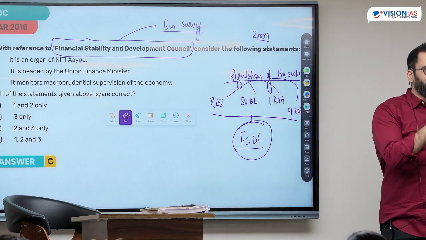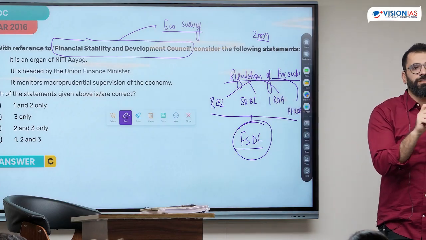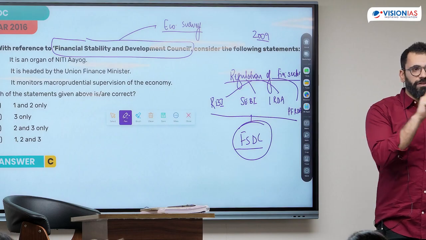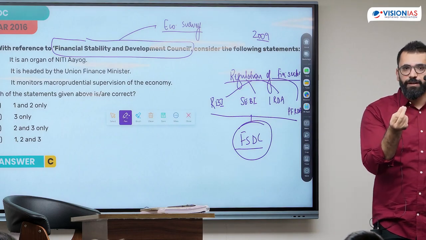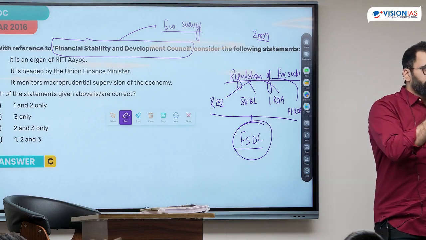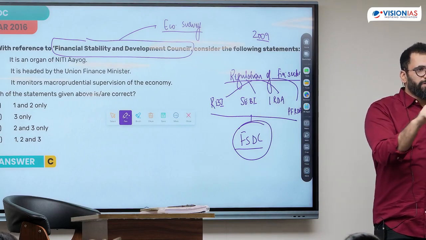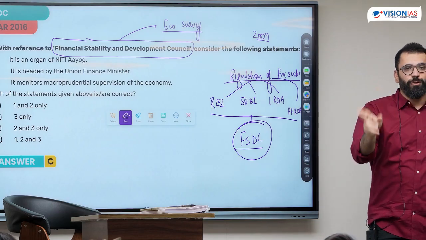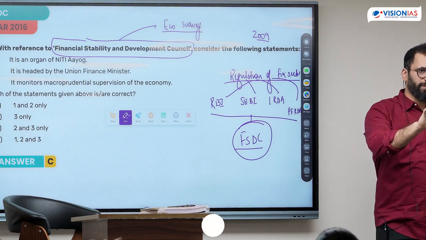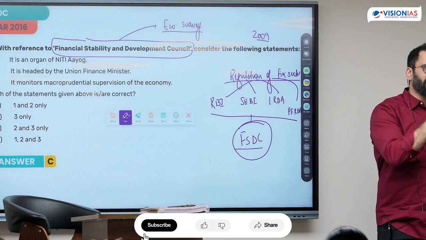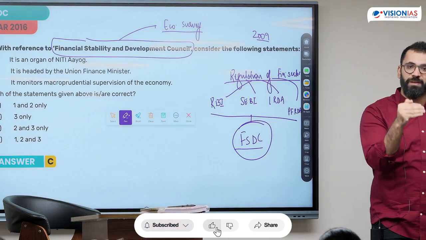So any discussion that happens in the Economic Survey. The Economic Survey usually comes in 2 parts. What exactly is covered in the Economic Survey? The state of the economy, the performance of the economy in 1 year, they cover in part 2, where they give data and the information on specific government schemes. They don't analyze that performance, they only present it.